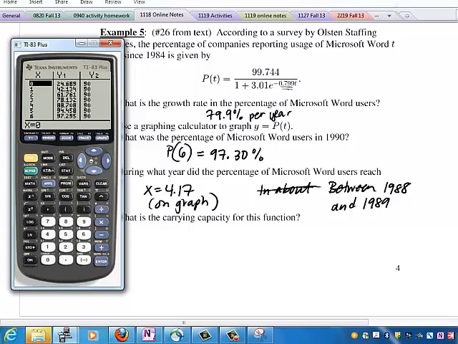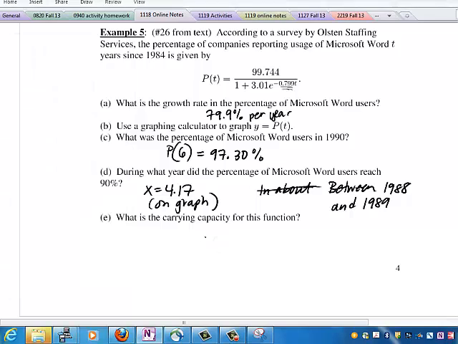If yours isn't doing the same thing, you can go to table set and adjust it, or if you just scroll down to see where we start to see, it looks like they level off at 99.744. Right? If we could see more decimal places, we could see that these aren't actually exactly the same, but they're the same at least out to the thousandths, right? So the carrying capacity would be 99.744%.